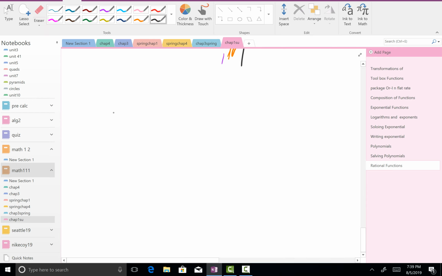If we have a rational function, and I'm just making these up, we'll put A on top and B on the bottom.